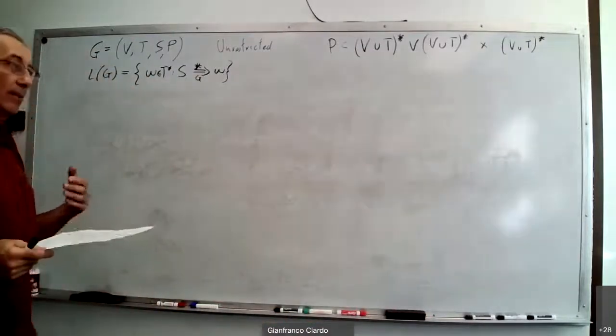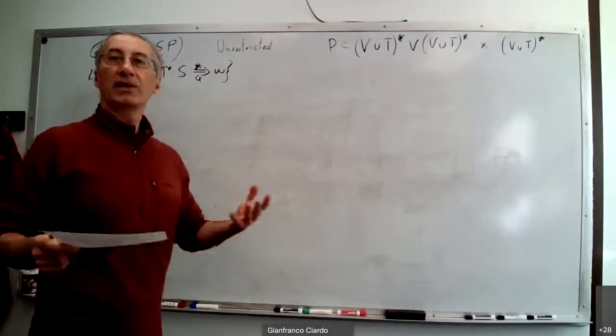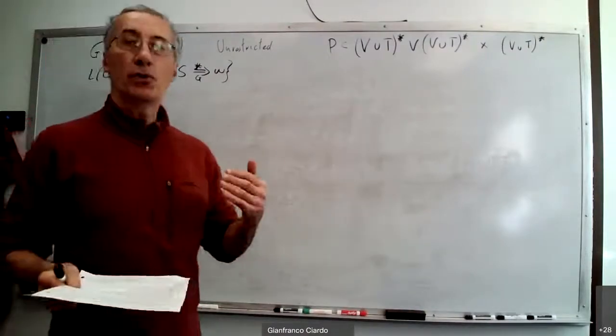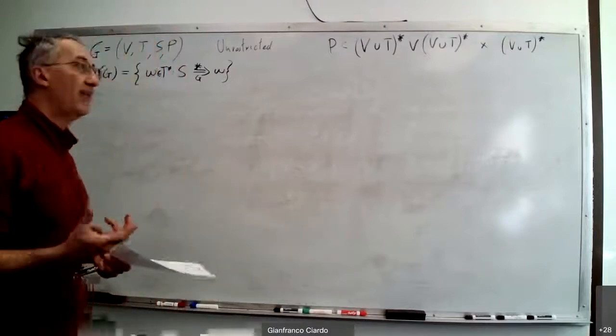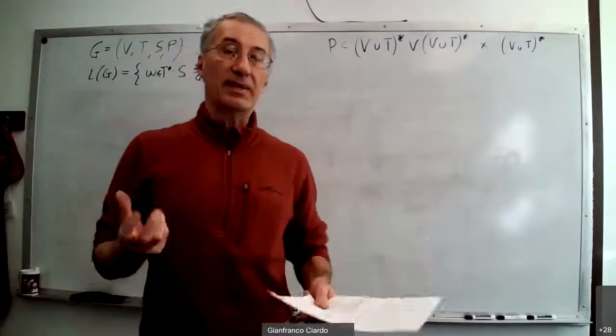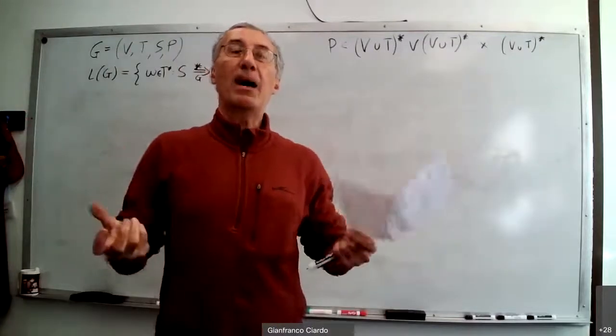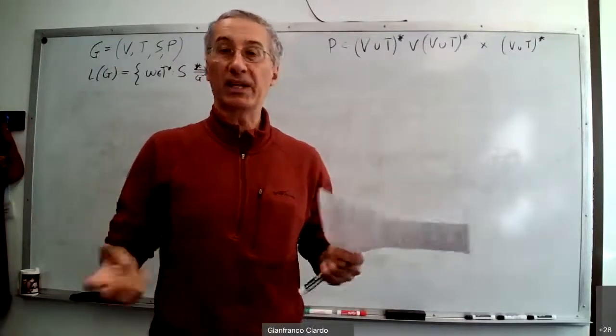And now we're going to essentially conclude by looking at two theorems, one in each direction. And that explains the fact that unrestricted grammars are as powerful as Turing machines.